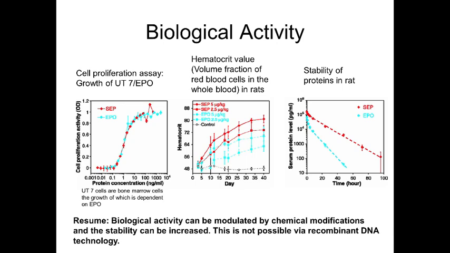And finally, the stability tests showed that once you replace the sugar units in the native EPO by synthetic polyethylene glycol units, the stability of the protein in red blood was increased, which probably leads to the biological effect of the higher hematocrit value that you can see on the middle scheme.